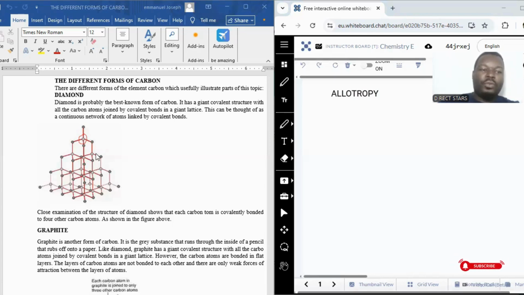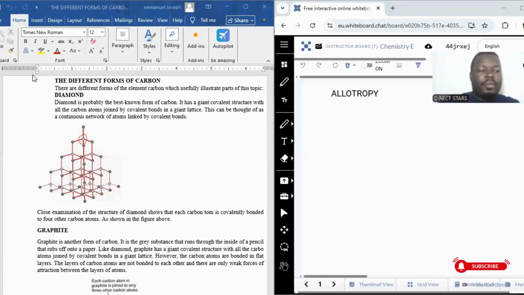Okay, so if you keep on picking each of these carbon atoms, they are all bonded in the same manner. Okay, so each carbon atom is bonded to four different carbon atoms, covalently. Okay, so that makes this arrangement for diamond a very strong one. Okay, and that is what is responsible for the hardness of diamond, as shown in the diagram above.